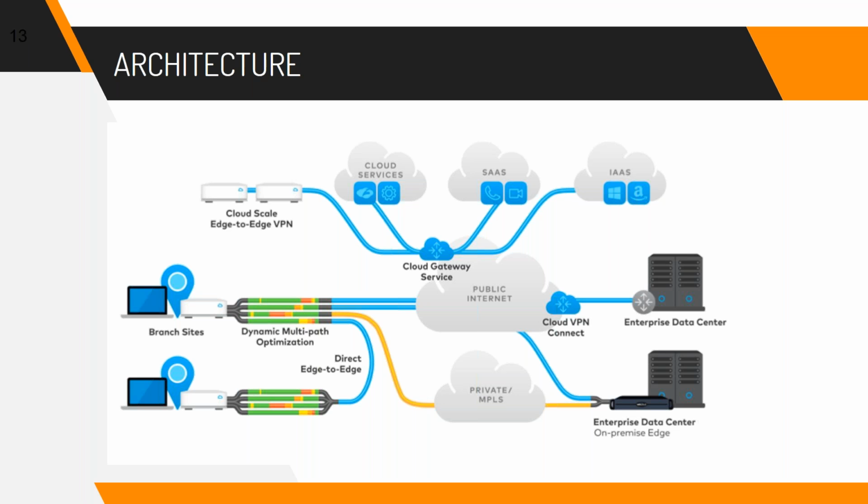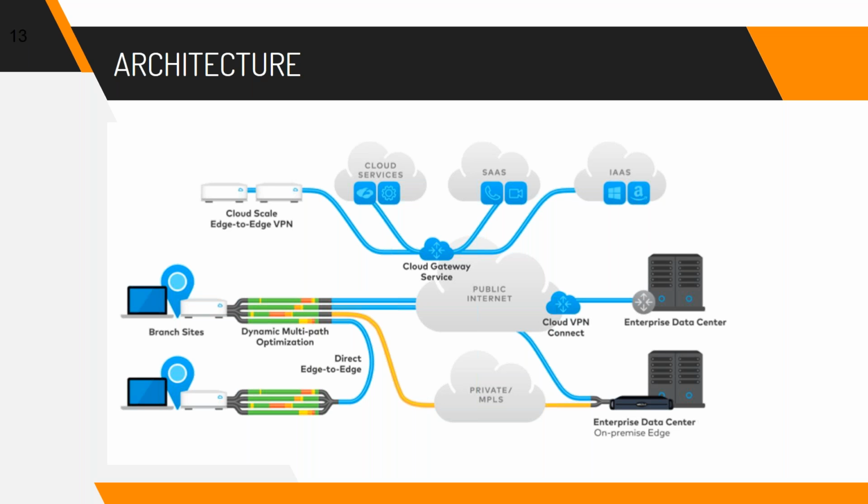You can see from this slide that we have two particular branch sites on the left side. Dynamic multipath optimization is allowing us to have those two public internet access lines come in, as well as that private MPLS line and that direct edge-to-edge line. So these two edge devices are speaking to each other directly, and they both have access to both public internet and private MPLS.